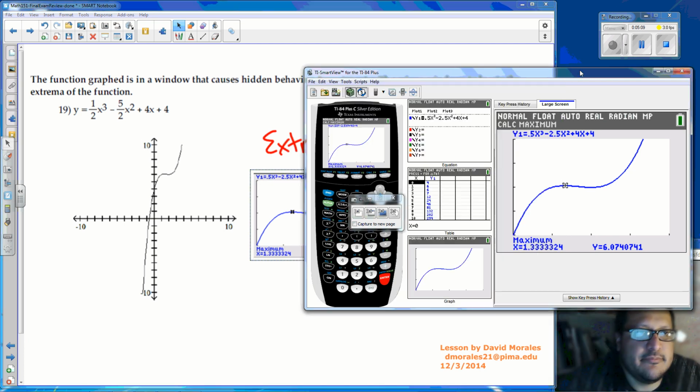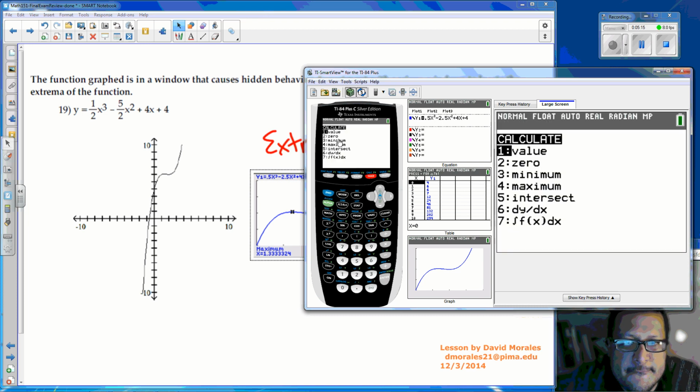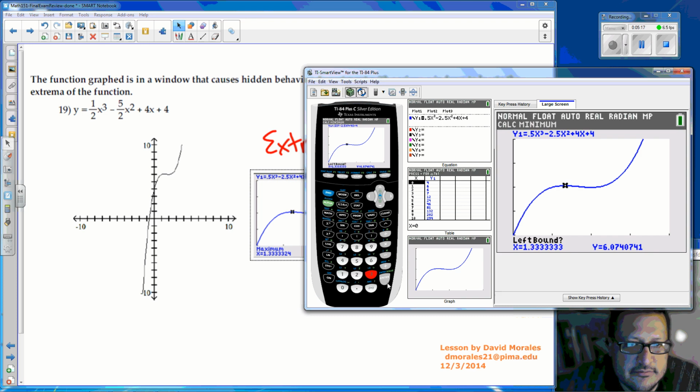The minimum is, now we go to second calc, minimum, number 3, and we go over somewhere over here. So I think it's going to be somewhere right here. You can look at the numbers again. Oops, something went wrong here.